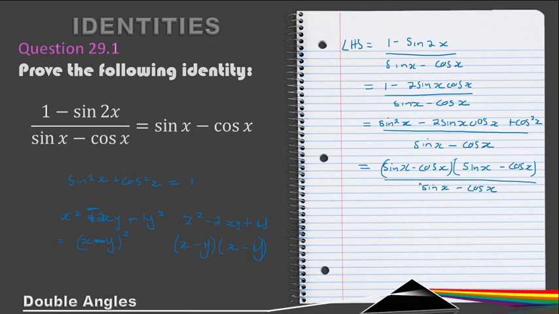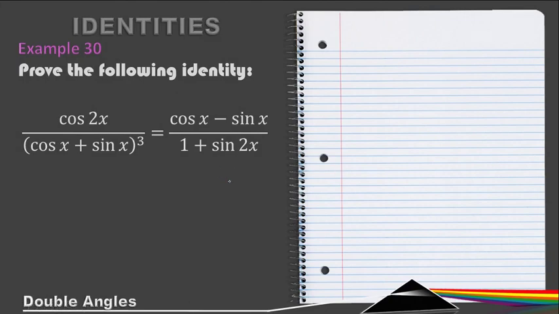So now one of these at the top can cancel with the bottom one, and all that's left is sine x minus cos x, and this is then equal to the right hand side.